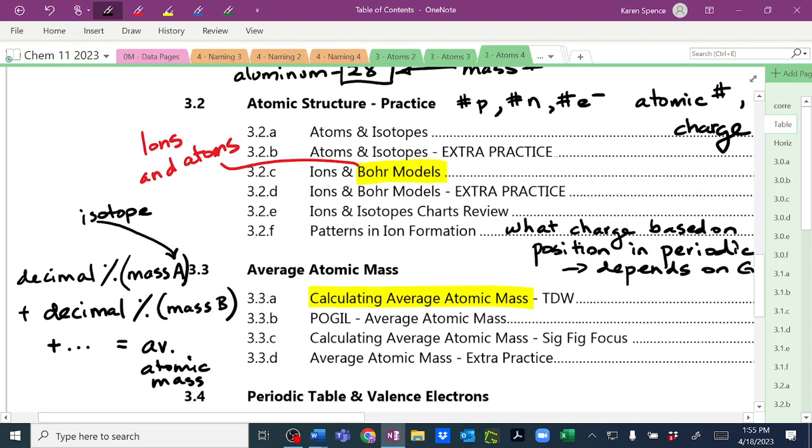Yes, so that's basically all 3.3 is about, is just that one little formula. If you can do that, you've got all of that down.